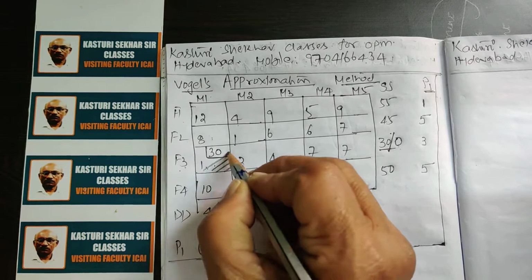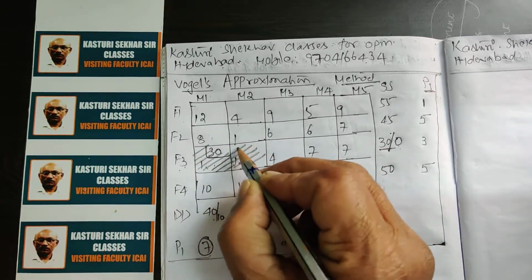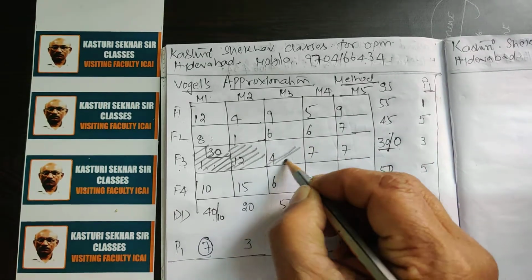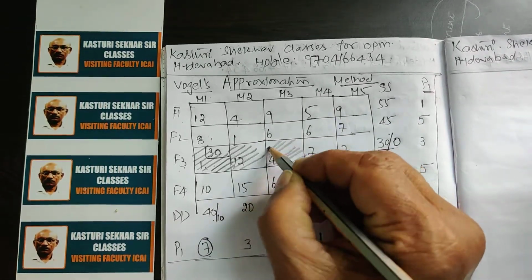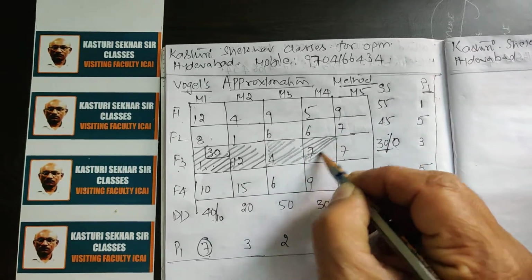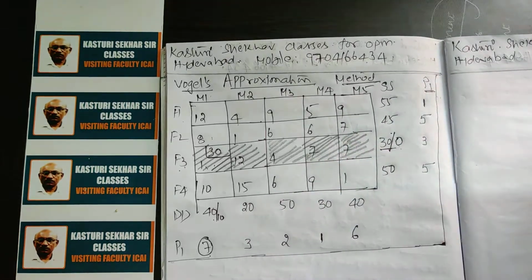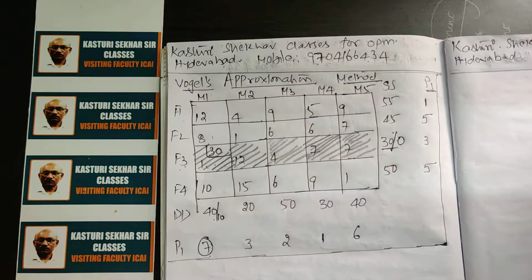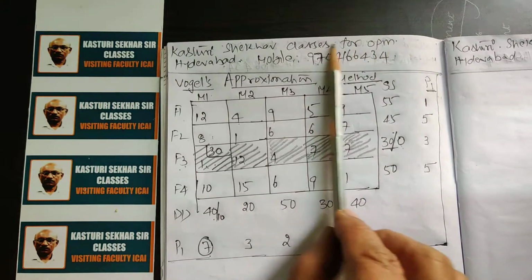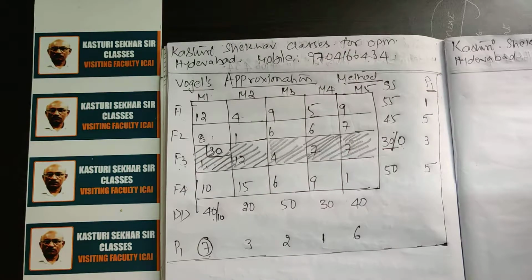To avoid any confusion, eliminate this factory from the picture. Now you will get a reduced cost matrix like this.